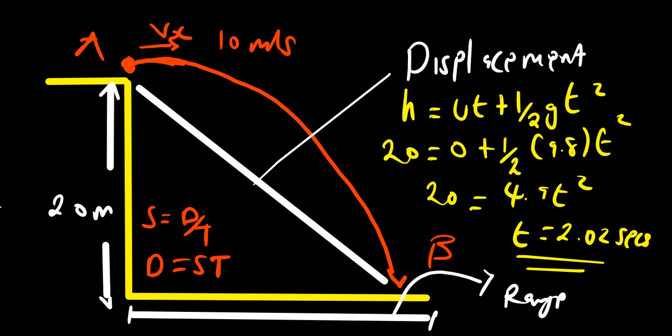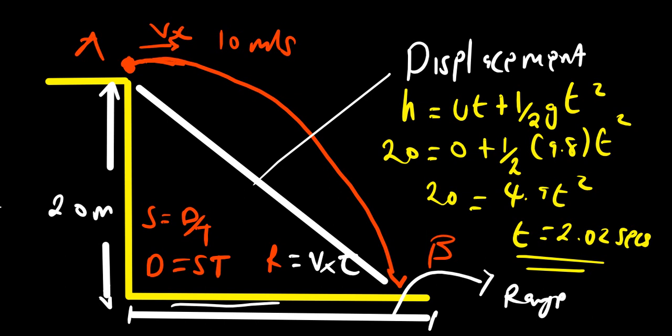In this case the distance will be the range. So the range equals the velocity in the x direction, Vx, multiplied by the time that we've just found, which is 2.02.